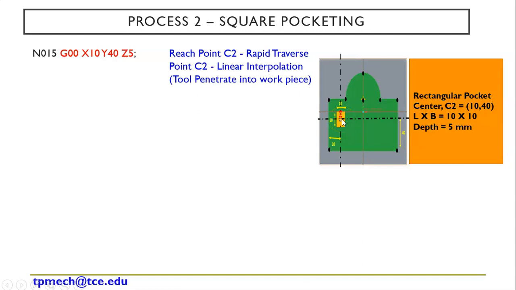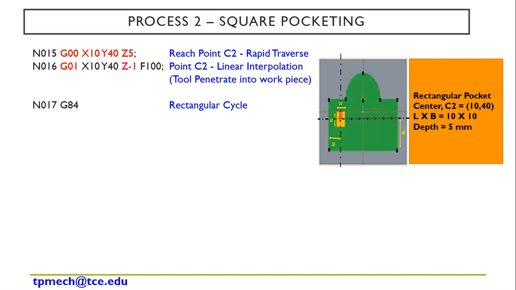Now again I need to penetrate into the work, or we can just touch the skin. It depends on you. But in the program here I am mentioning that penetrate. So I am going to use G01: N06, G01, X10, Y40, Z equal to minus 1. Minus 1 means the tool has penetrated 1 mm depth. Now I am going to use a rectangular cycle or square cycle.